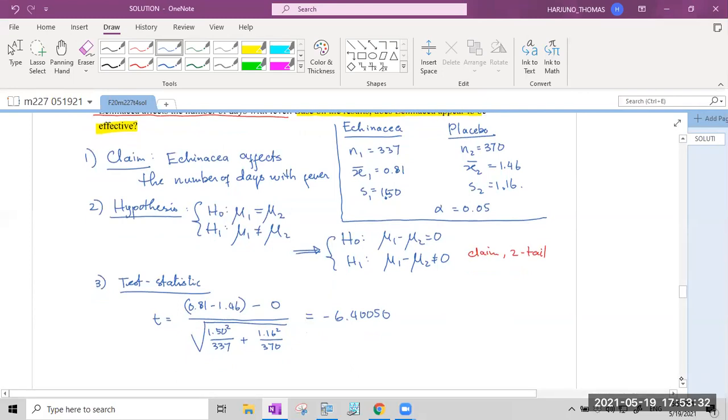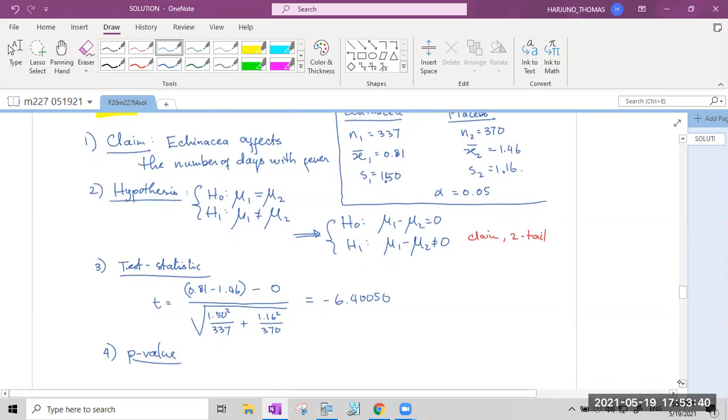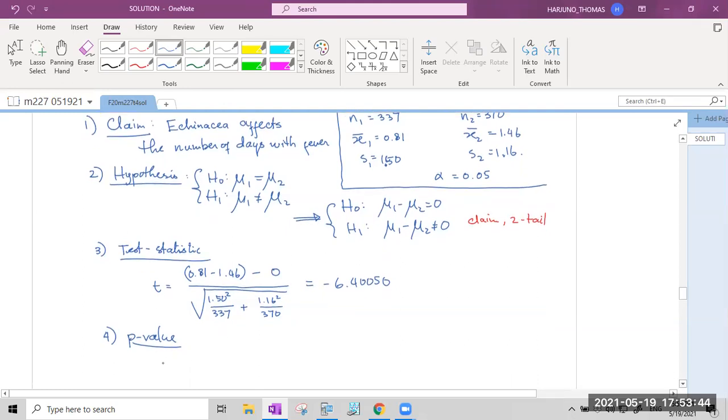Okay, step 4, p-value. That's negative 6.4005, but that will be two-tailed, right?